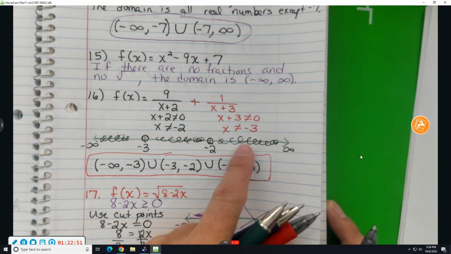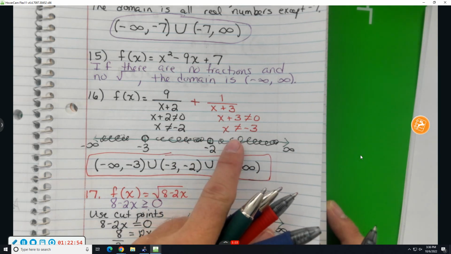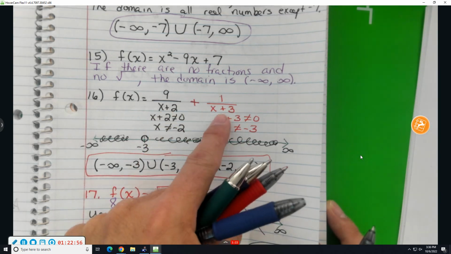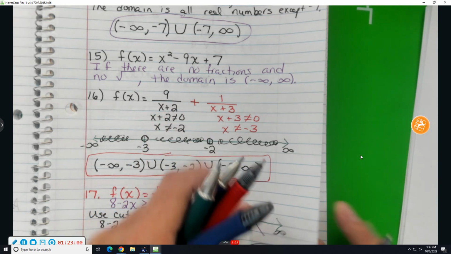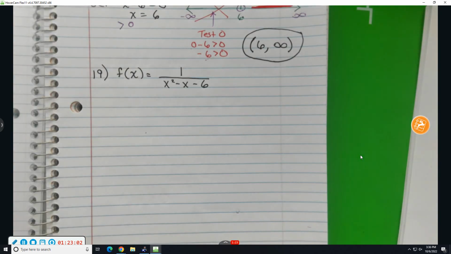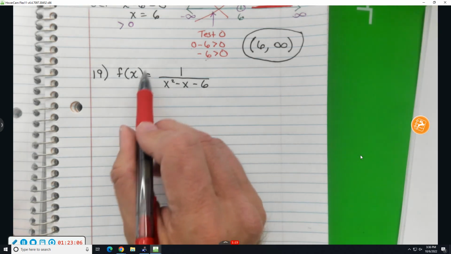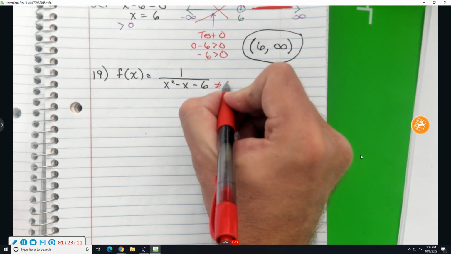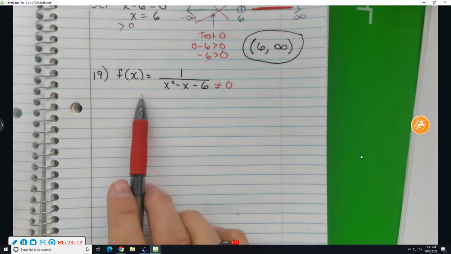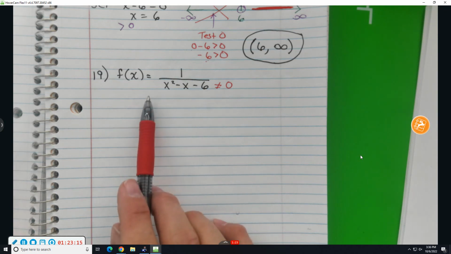Okay, we have to say the denominator can't be 0. But these denominators here were already factored. By that I mean there were no exponents on the x's. What am I trying to say we're going to have to do on number 19? The denominator can't be 0. What am I going to have to do to solve this?